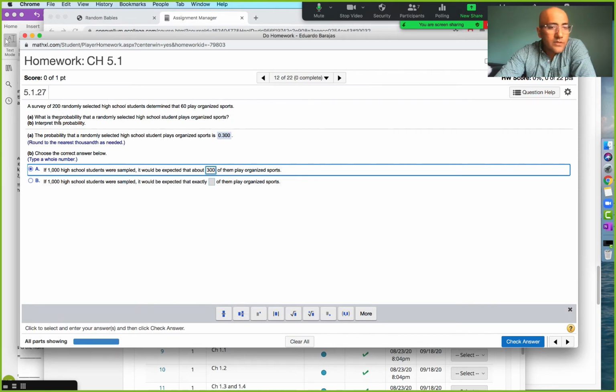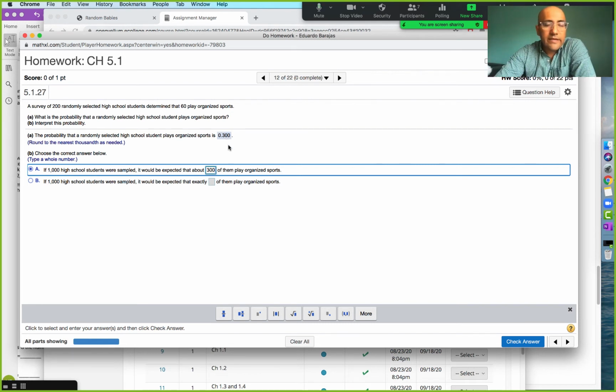So what were the other options? If 1,000 students were sampled, it would be expected about 300 of them play organized sports. The other option is if 1,000 high school students were sampled, it would be expected that exactly 300 would. The only difference between these two is about versus exactly. As I just mentioned, we are not 100% confident that it's exactly 30%.